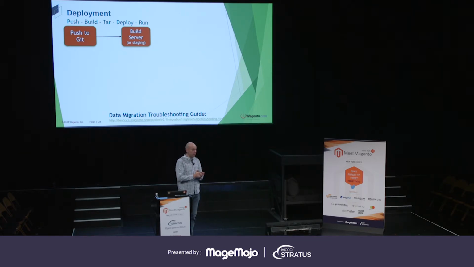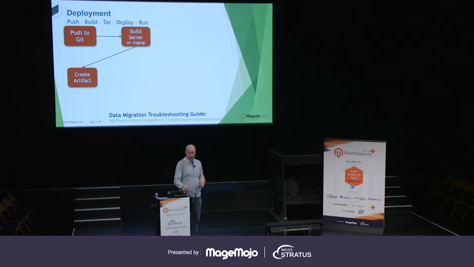The build server can be an EC2 instance, or it can be your own staging server that has a place where you're going to run your production code and get it all ready. From your build, we create an artifact, which is basically your entire site zipped up or tarballed, whatever term you want to use. That is a complete working site, minus your media folder, minus your var folder.